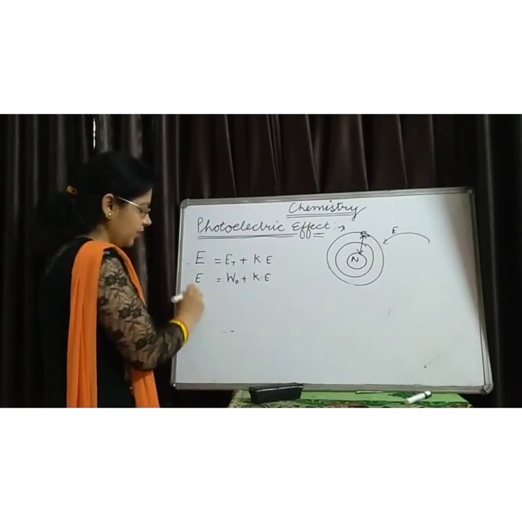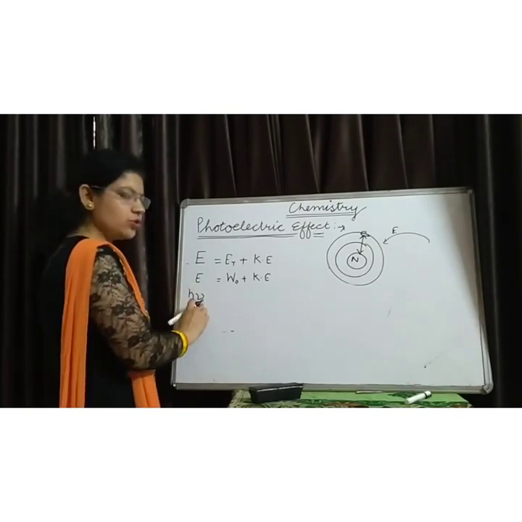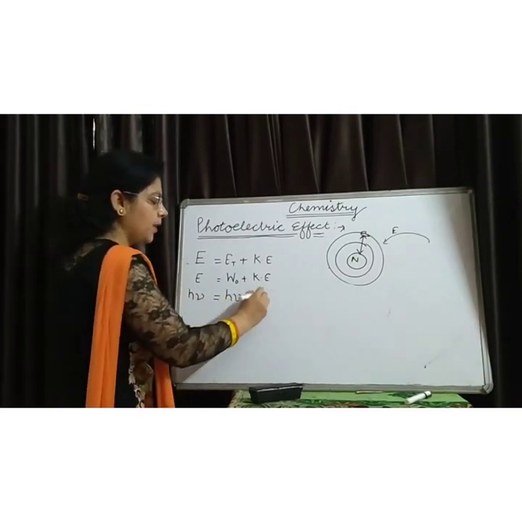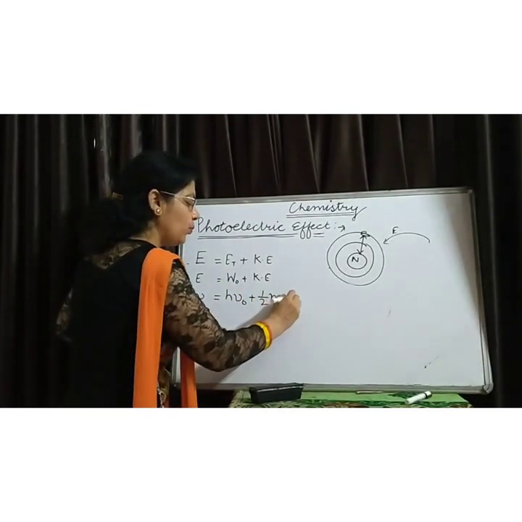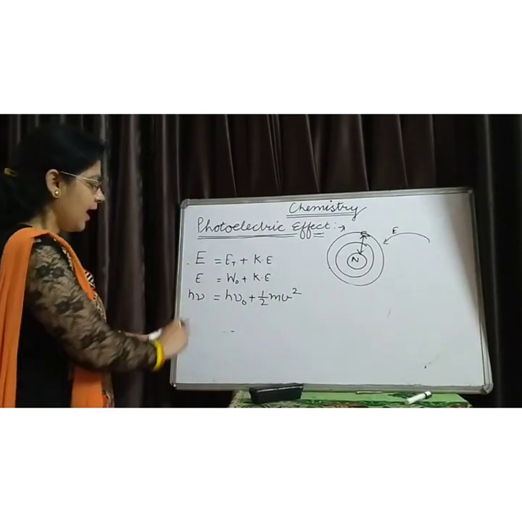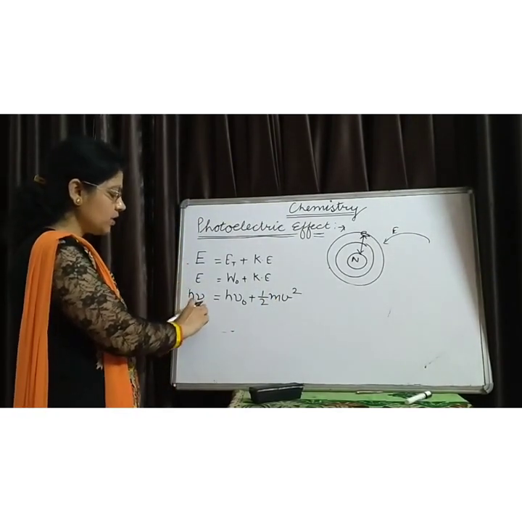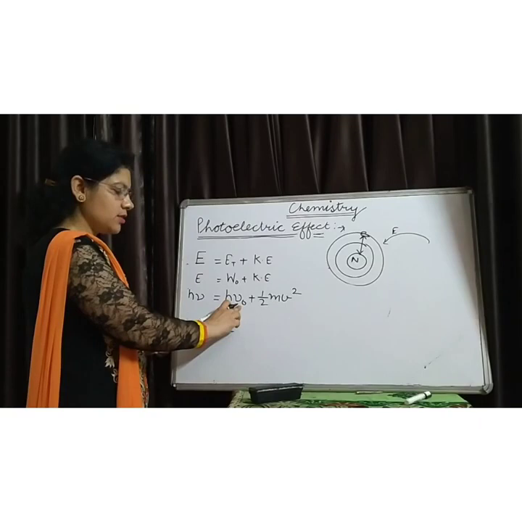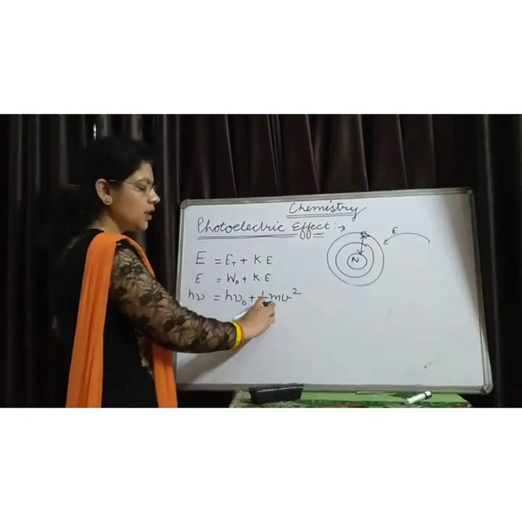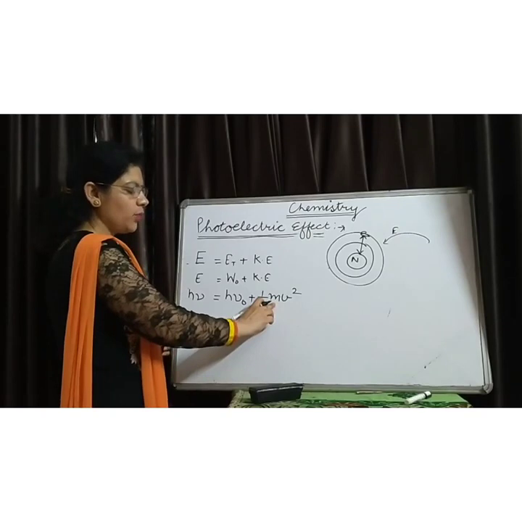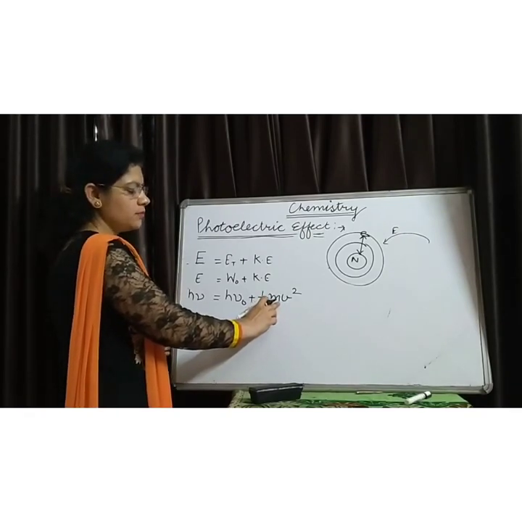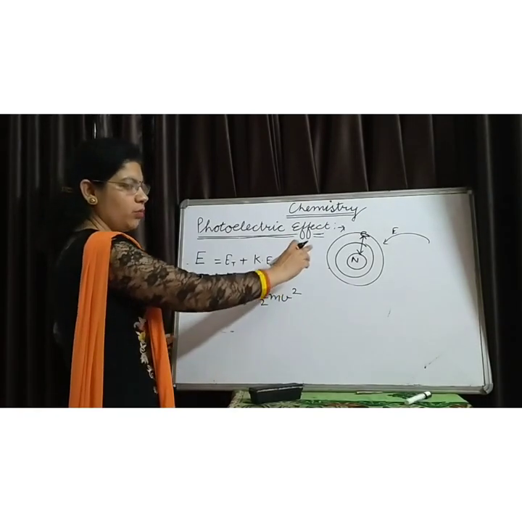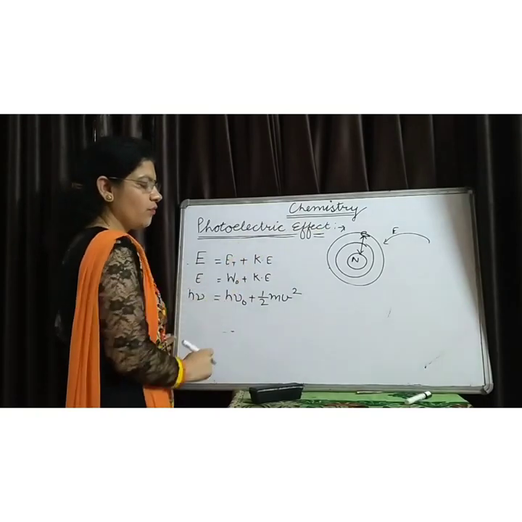Therefore, it is written as E is equal to h nu naught plus half mv square, where h is the Planck's constant, nu is the frequency of the radiation which we supply from the outside, nu naught is the threshold frequency, m is the mass of the electron, that is 9.1 into 10 raised to power minus 31, and v is the velocity of the electron with which it moves from the outside of the nucleus.